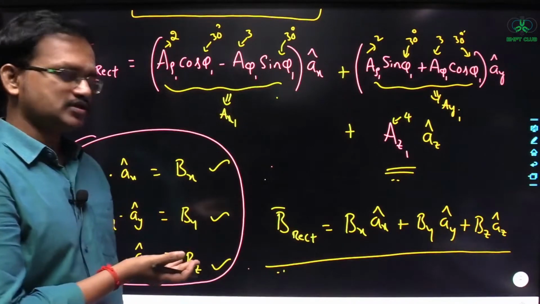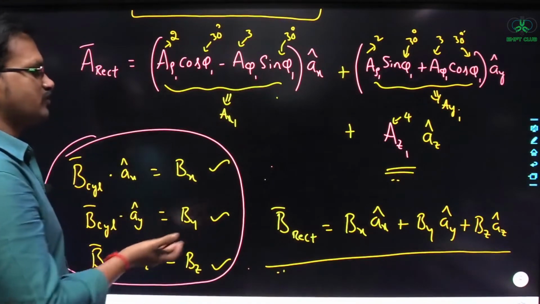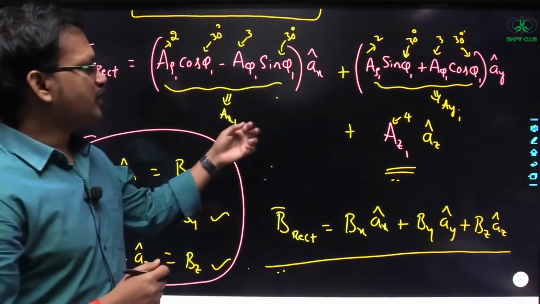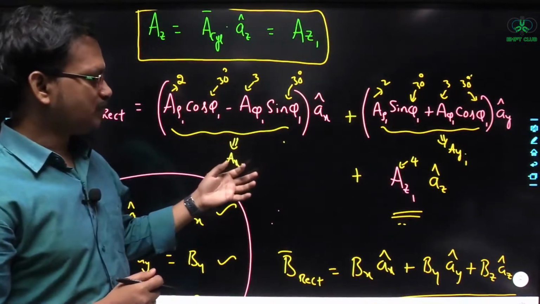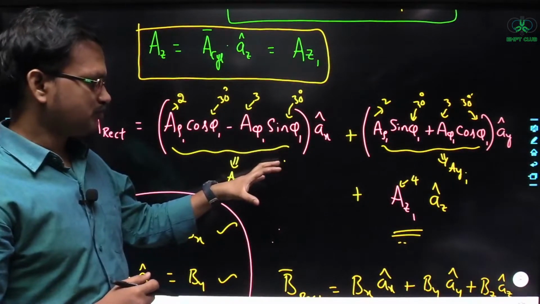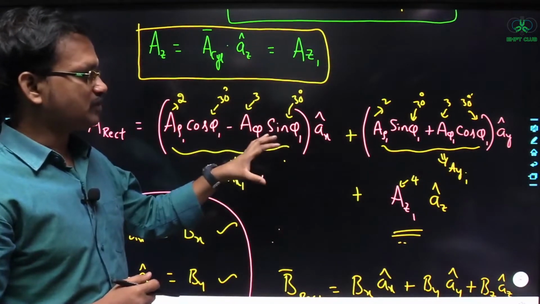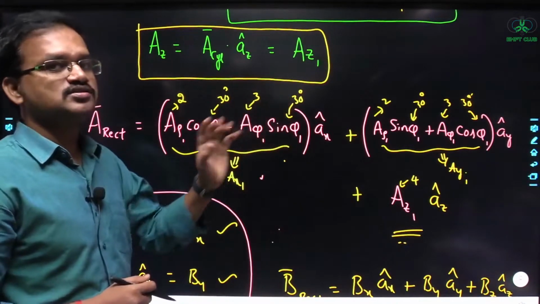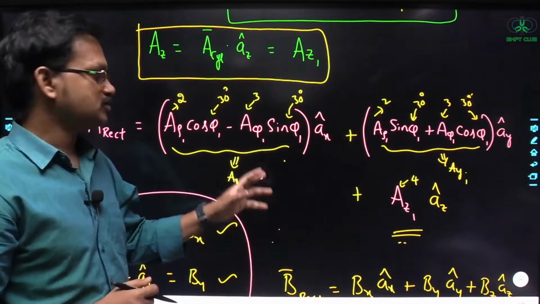Just substitution, that's it. Just substitute the values, then you are going to get the answer. Here, solving the problem is not important. What is important is the procedure that we have to follow, right? So what is the concept, why we should not add these two directly? These things are very, very important.